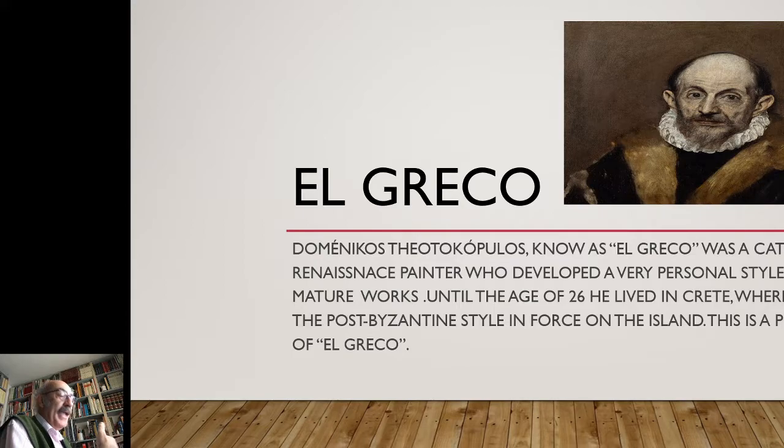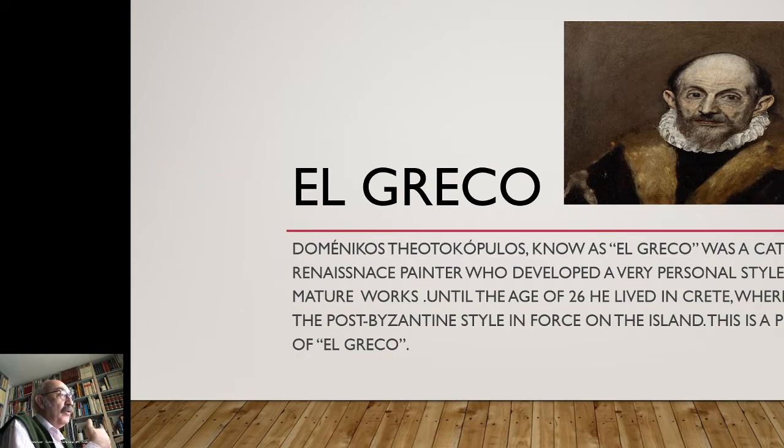He came here to paint for King Philip II, but King Philip II didn't like El Greco's painting, and El Greco had to go to Toledo, and he lived there until his death.